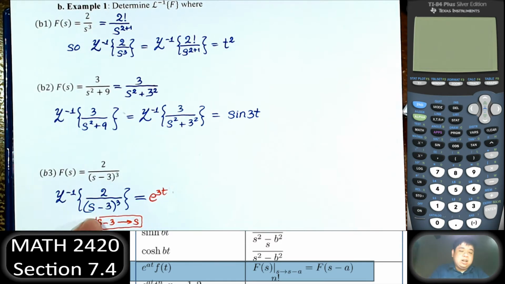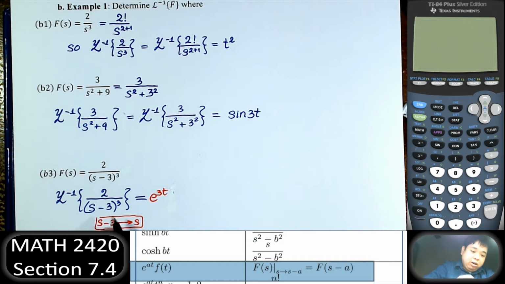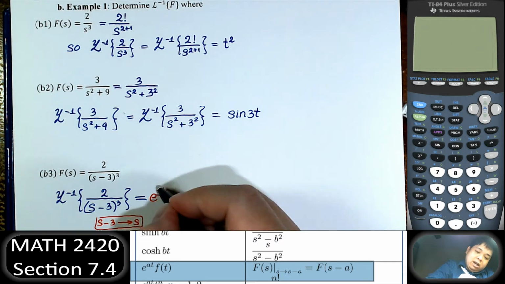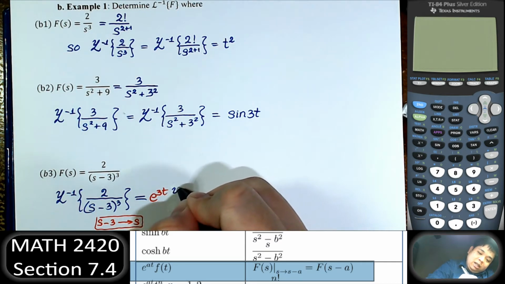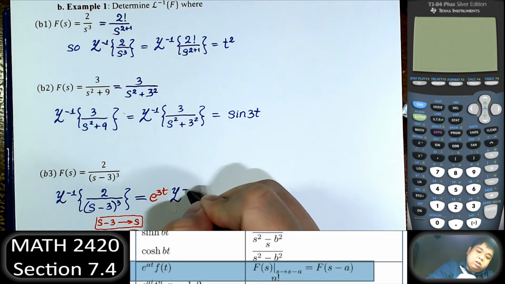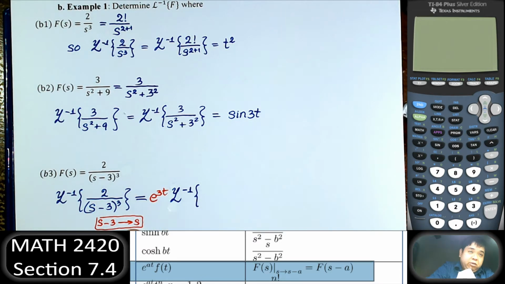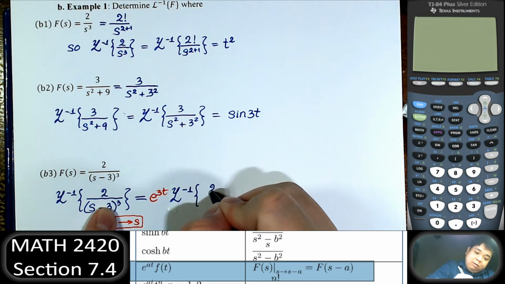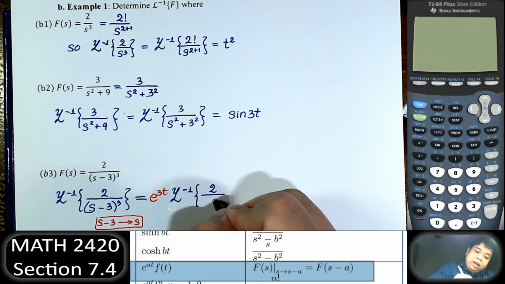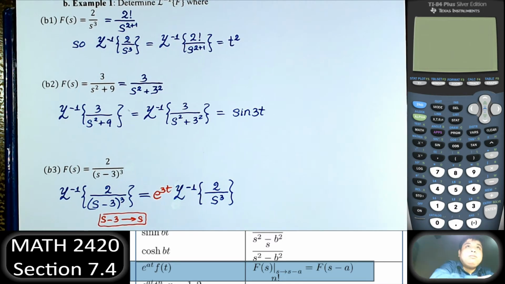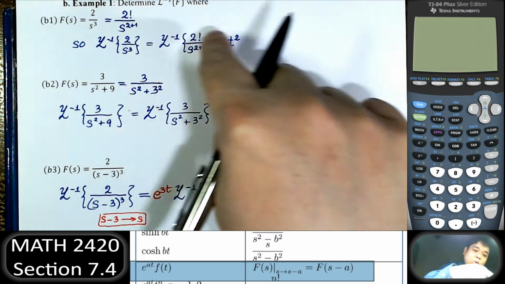So when we see the s minus 3 like this, we replace it with s. When we do that, we multiply e to the at into the function, and then we just do the inverse Laplace transform of the same function, but instead of s minus 3, now we're just going to use s cubed, which we already did, which is t squared.